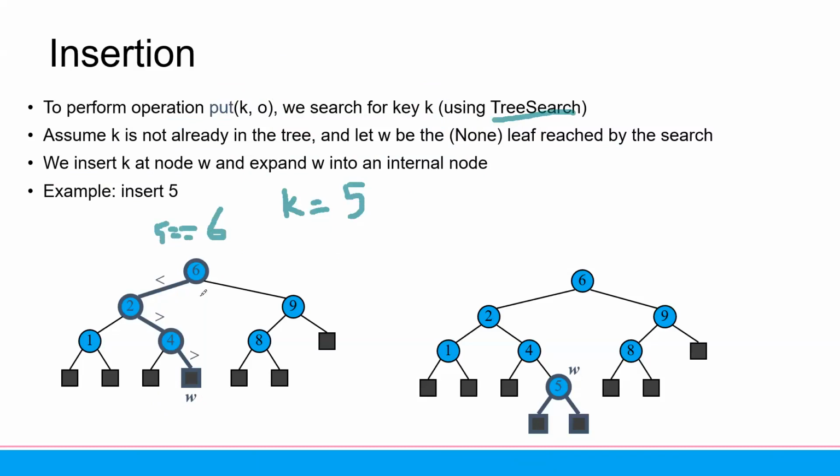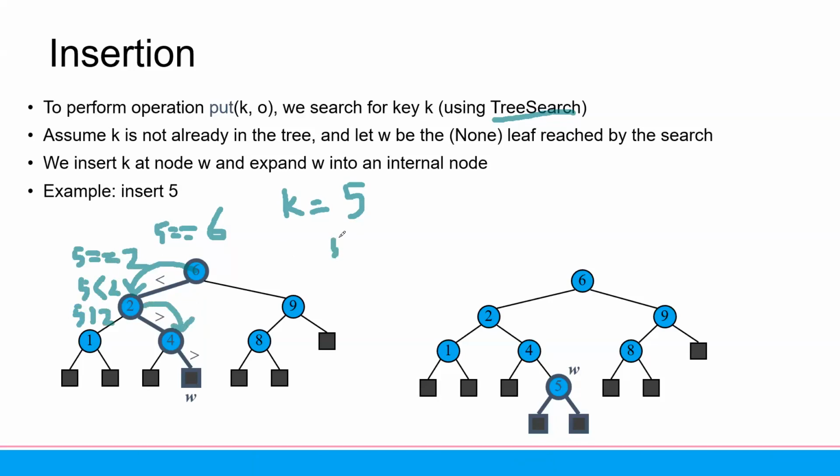No. So 5 is less than 6. We go to this one. Again, we check 5 equals 2? No. So 5 is less than 2? No. 5 is greater than 2? Yes. So we go to the right.